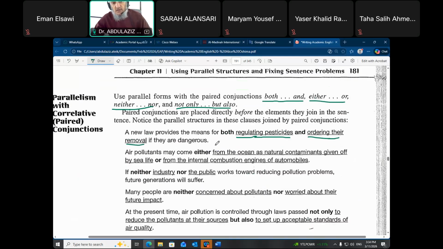So either PP, or PP. Both are PPs: from the ocean as natural contaminants given off by sea life, or from the internal combustion engines of automobiles.